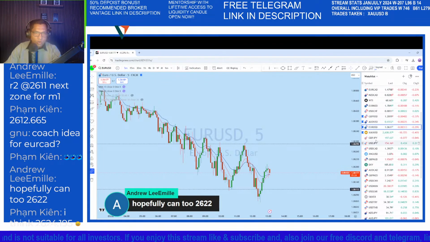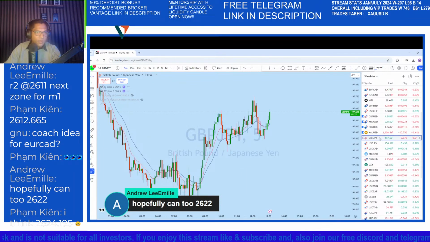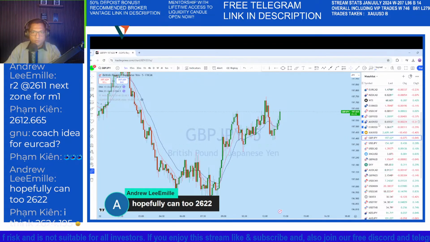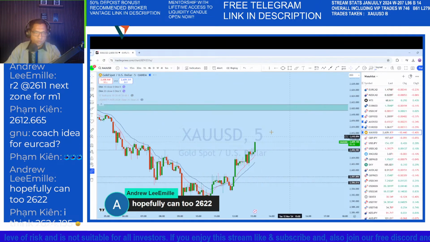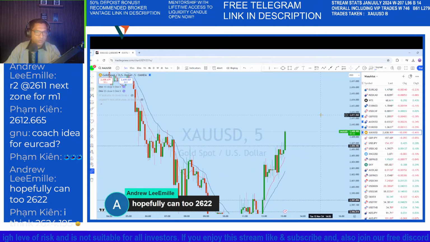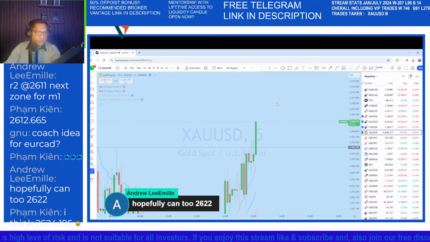Looking at EURUSD, GBPJPY, not in a very good place. Also not in a very good place. So XAUSD only is the one showing a better opportunity here.